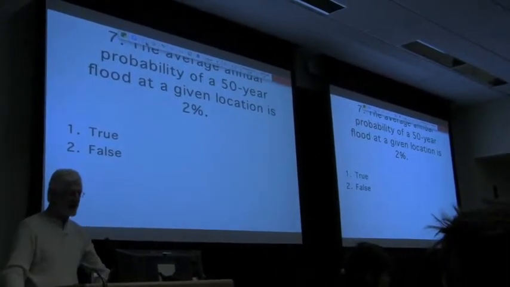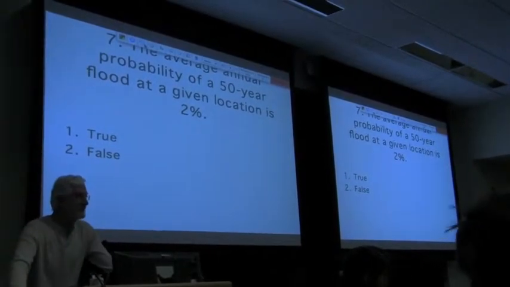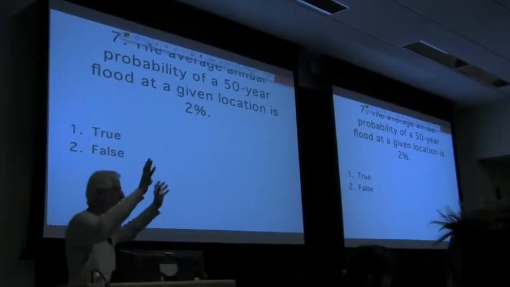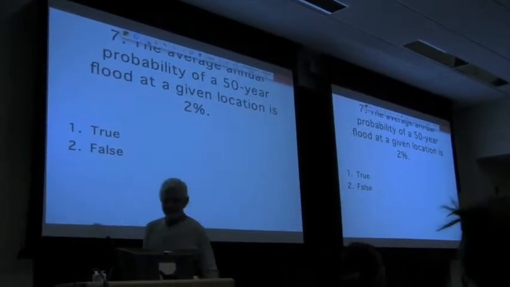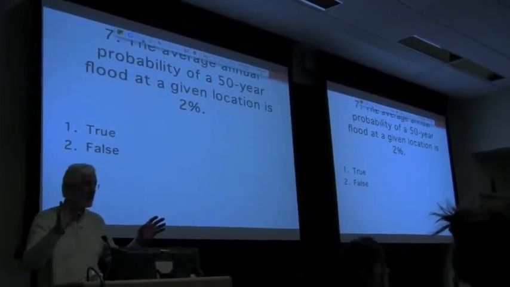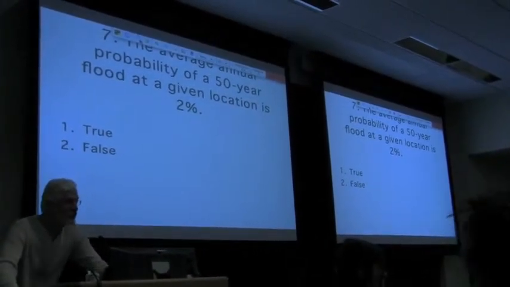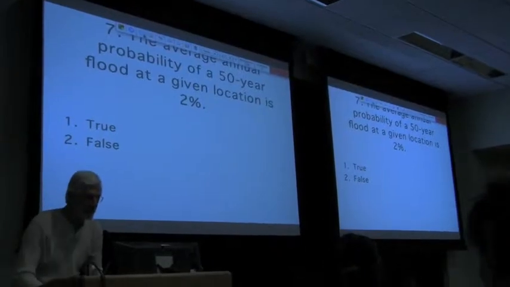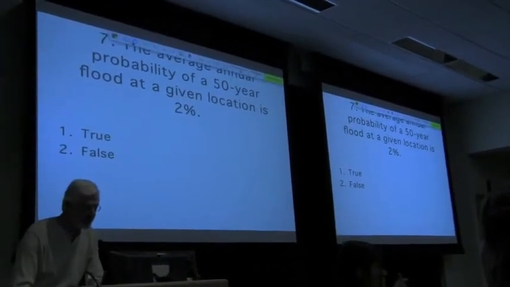The average annual probability of a 50-year flood, a flood so big it has to happen in 50 years, where everything converges and you get a whole lot of discharge coming in, at a given location is 2%. All right, I will now open the polls. I will now start the countdown.